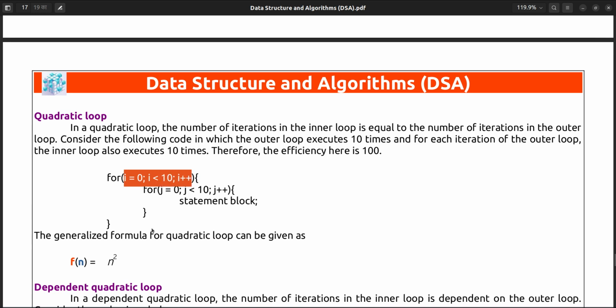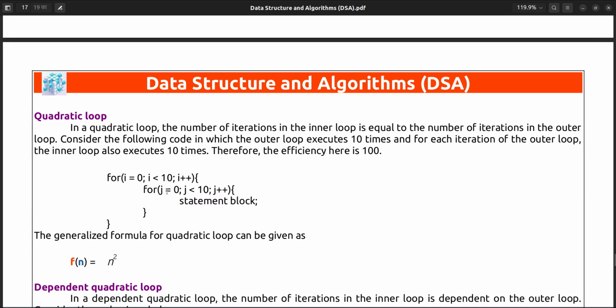So what will be the complexity for this one? n will be the complexity for this one. And what will be the complexity for the inner one? Multiply this also. j is equal to 0, j less than 10, this is also again 10, and j plus plus, so this also will be 10.